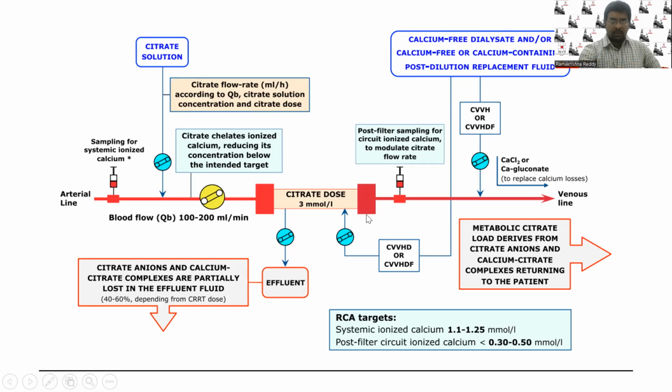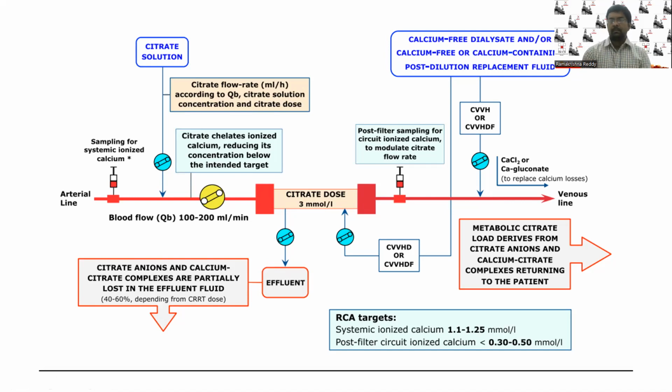During this technique, whether it is CVVHD or CVVHDF, there can be a loss of citrate calcium complex of about 40 to 60% depending upon the dose. The remaining citrate calcium complex enters the circulation through the venous line into the body, and the citrate gets metabolized.